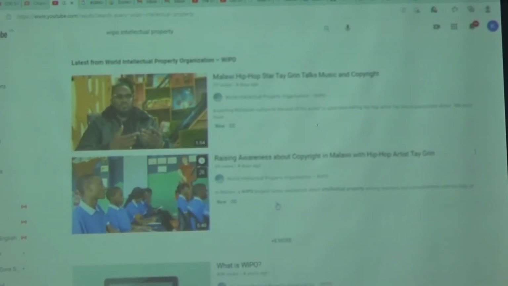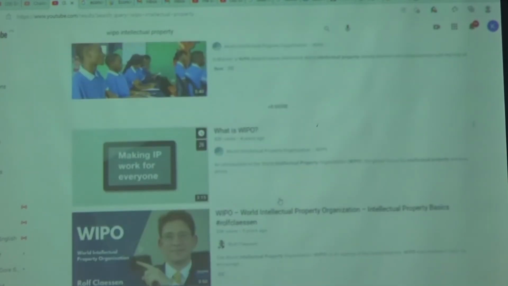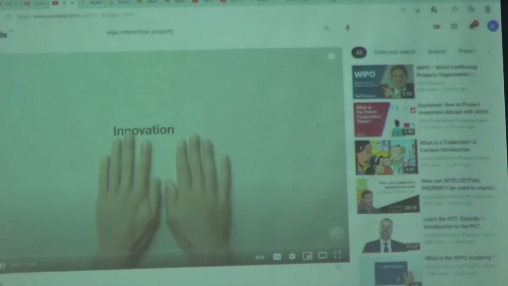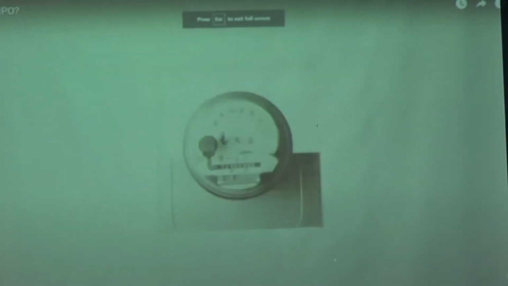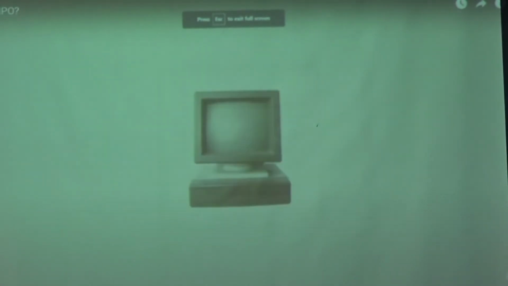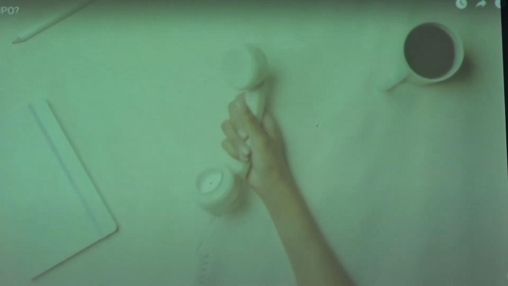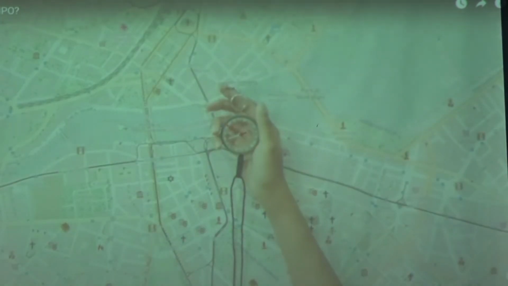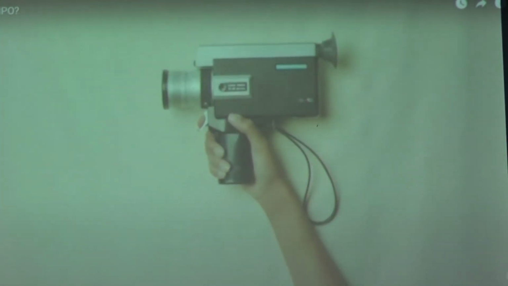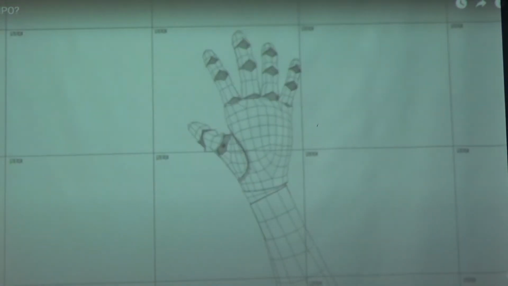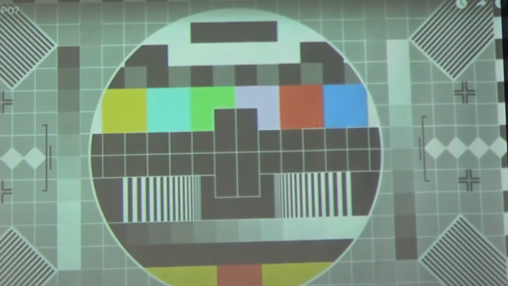Latest from the World Intellectual Property Organization. Innovation, the uniquely human force that drives mankind's progress. Without innovation, your phone wouldn't be smart, there'd be no GPS, no music on the go, and no HD video, stories without special effects, no colour, no sound.